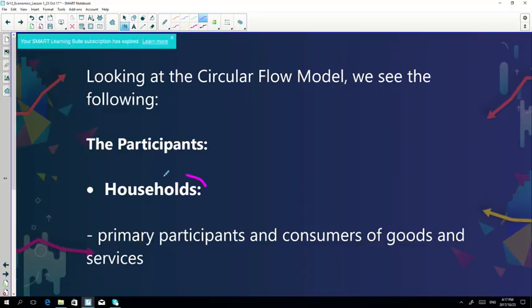So we fall under the household market. So I'm going to try and sketch people here. Okay, excuse my artistic skills, but that's just to give us an idea that this is us, the people, all the consumers of goods and services.